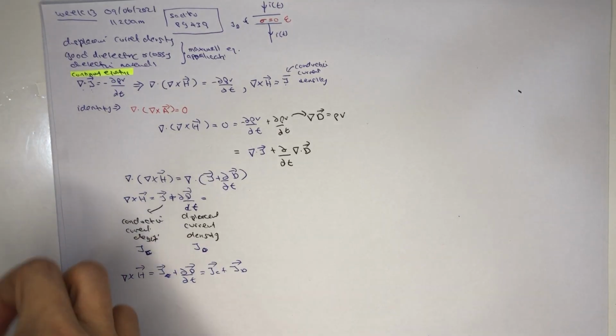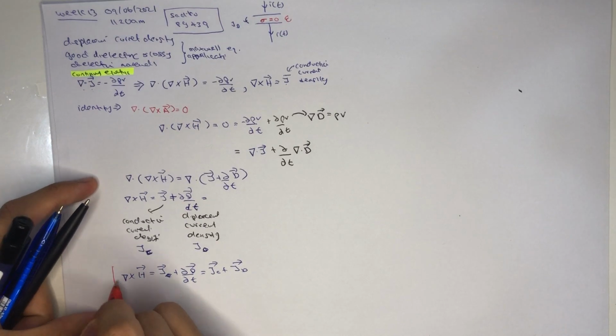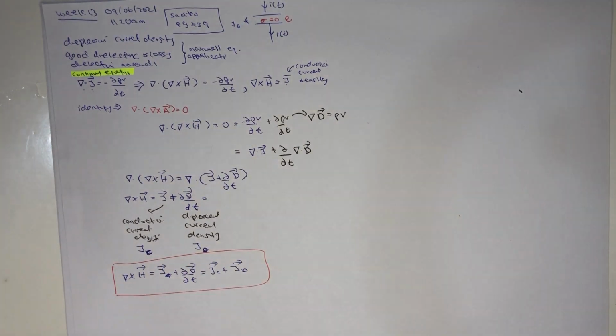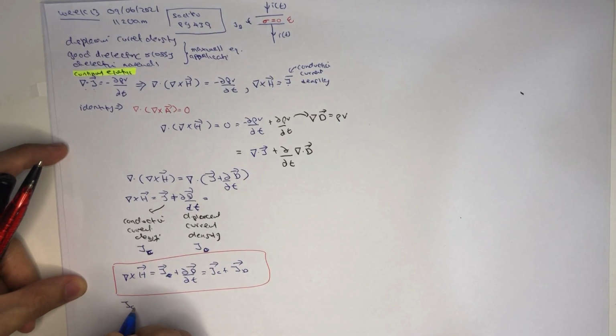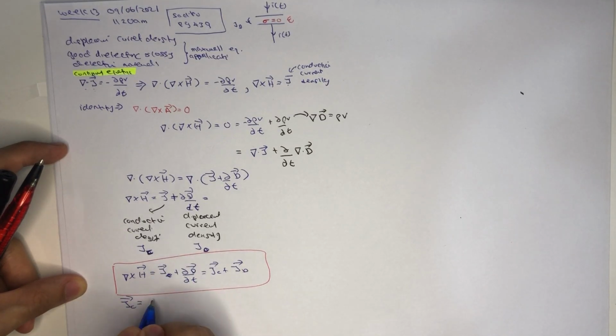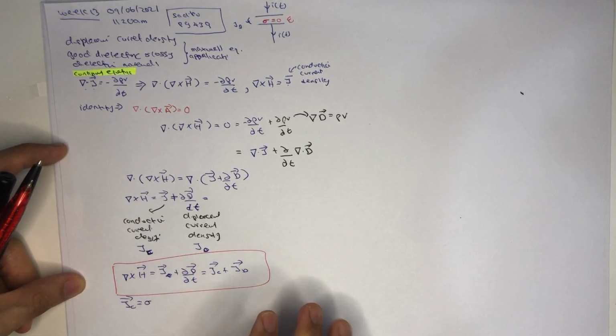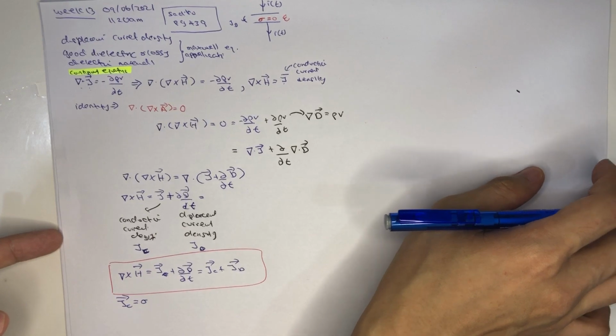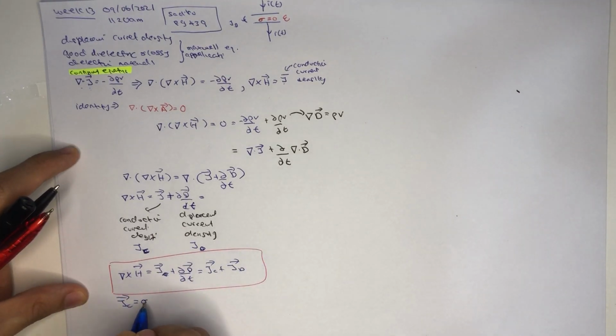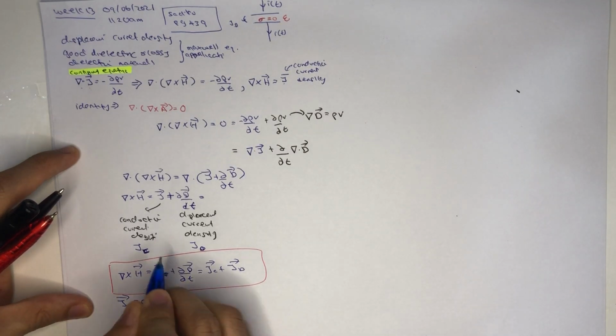We also know that our conduction current density JC, when we want to relate it with the conductor, is JC equals sigma E, which is your conduction current density.